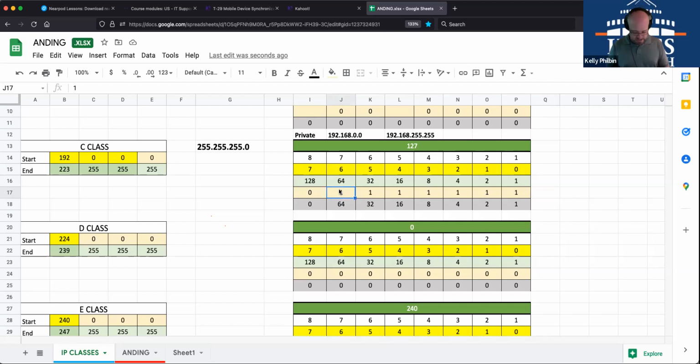If I wanted to get 63, I take 64 minus 1, and it would be every bit before the 64 adding up to 63. Then in order for me to get to 64, I'd have to turn all of these off and turn this one on. So for each one of these, you have to add up everything before it. Does that make sense? Or am I making this worse?